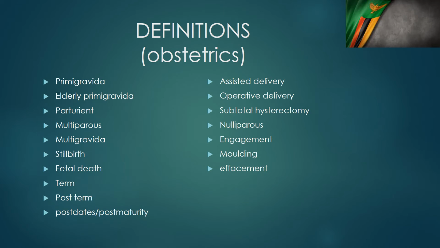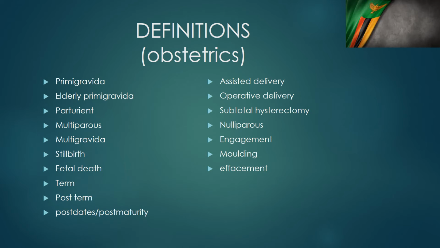When we talk about a radical hysterectomy, what we are talking about is that we've removed the uterus, we've removed the cervix, we've removed maybe part of the vagina, we've removed the supporting structures of the uterus as well, the adnexa and all the ligaments that are supporting the uterus are also removed. That would be what would be called a radical hysterectomy.